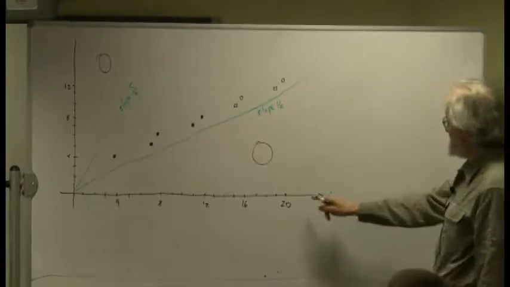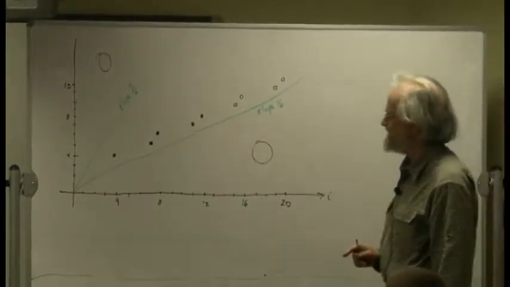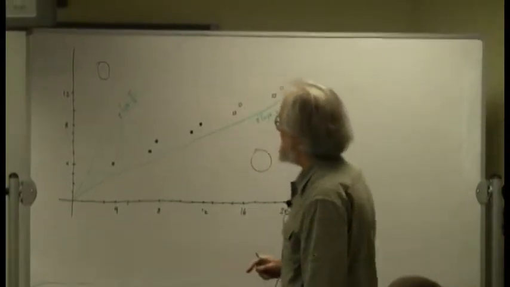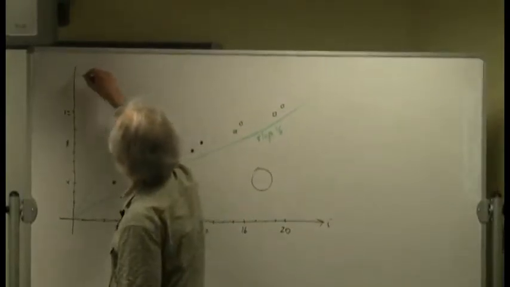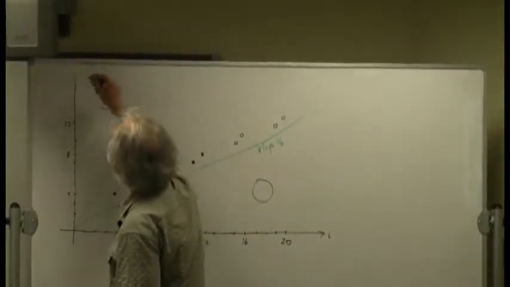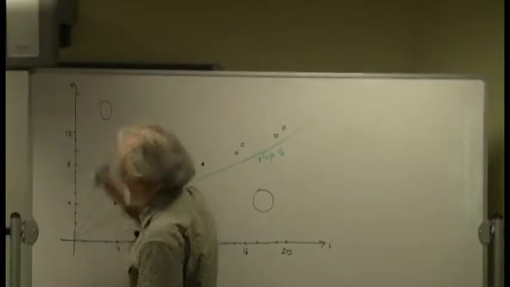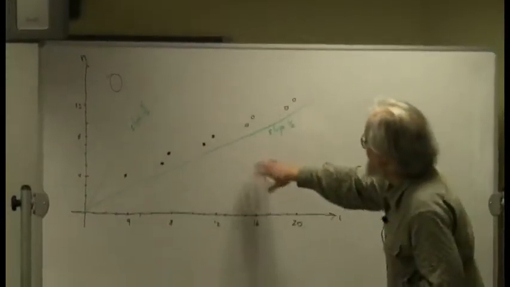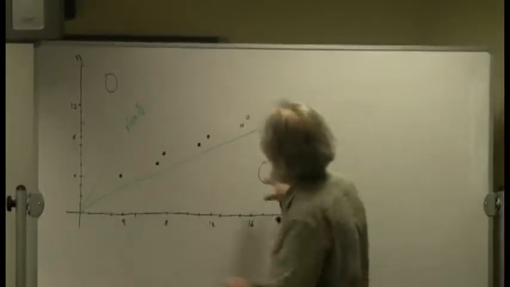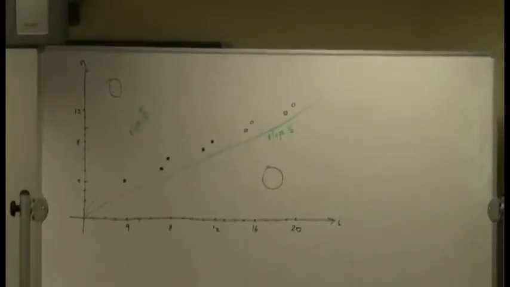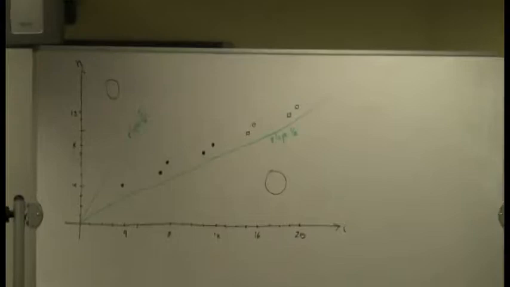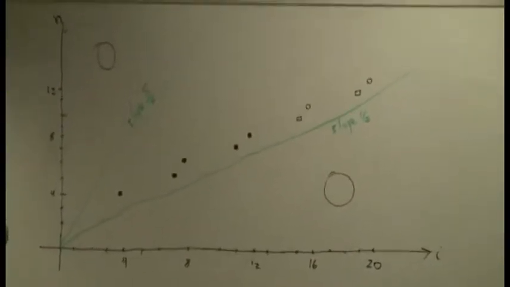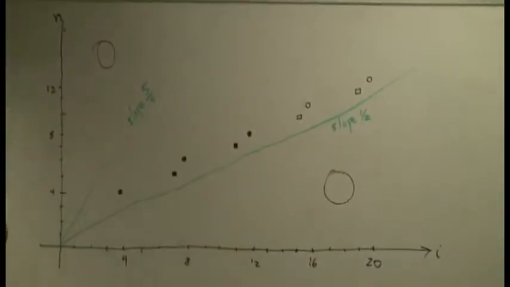Horizontally is the i direction for the ith homology, and vertically is n for the rank. So this area over here is where i is bigger than the VCD. So there's that region where everything is 0 for dimension reasons.